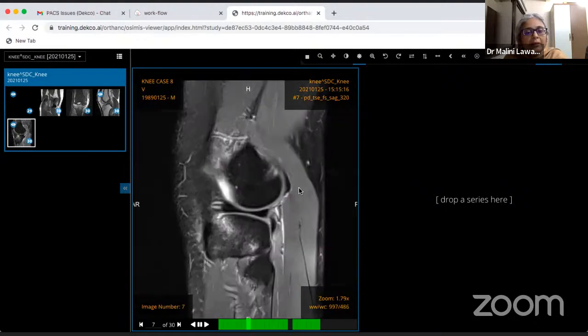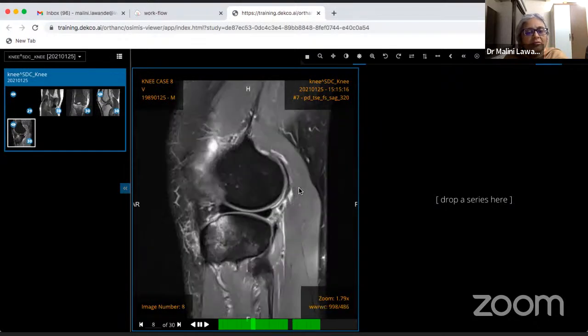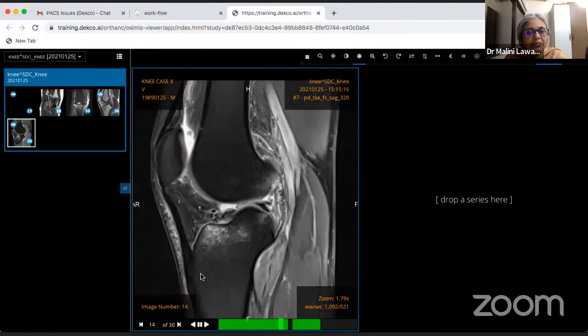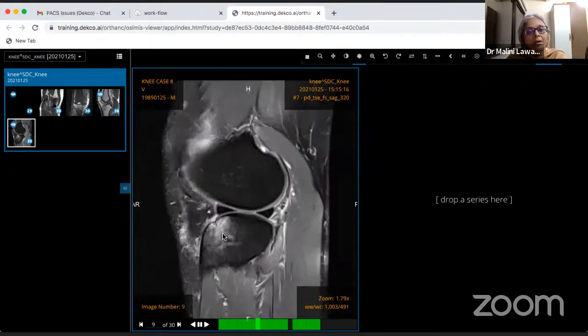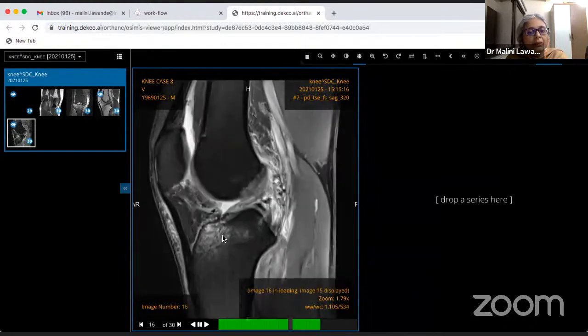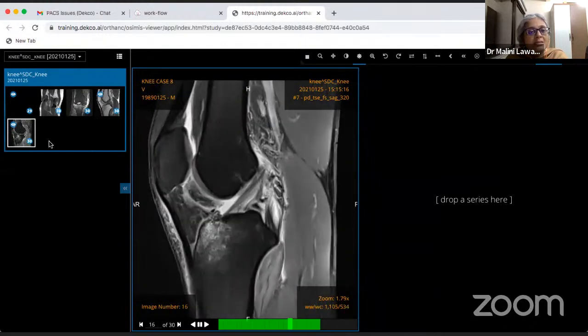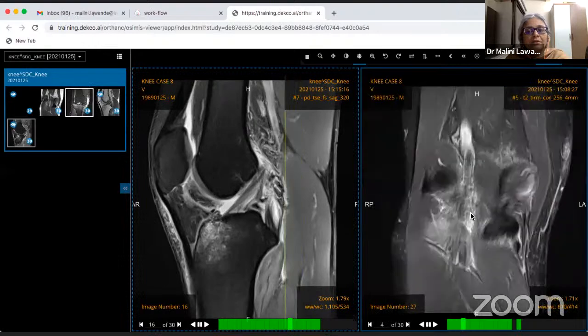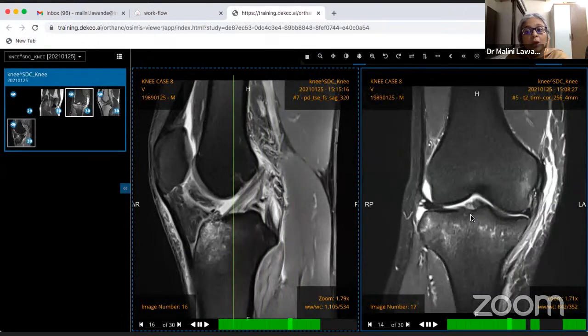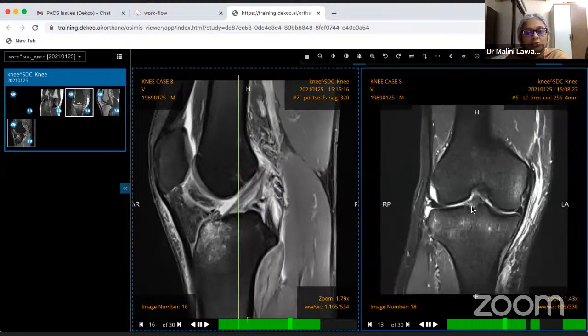The very first thing which catches our eye, obviously, is the significant marrow edema in the anterior tibia. One important thing is the pattern of the marrow edema. That gives us a clue as to what could be the type of injury.